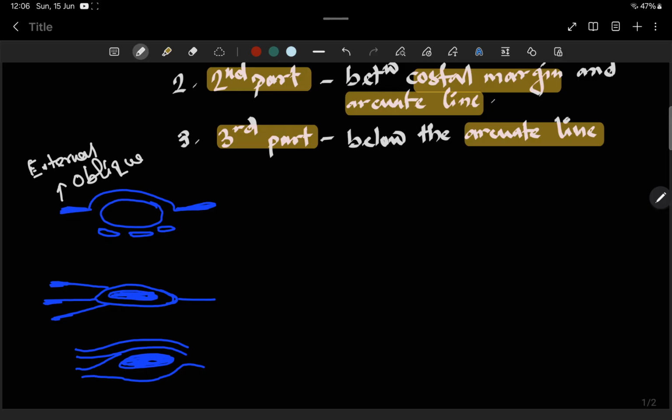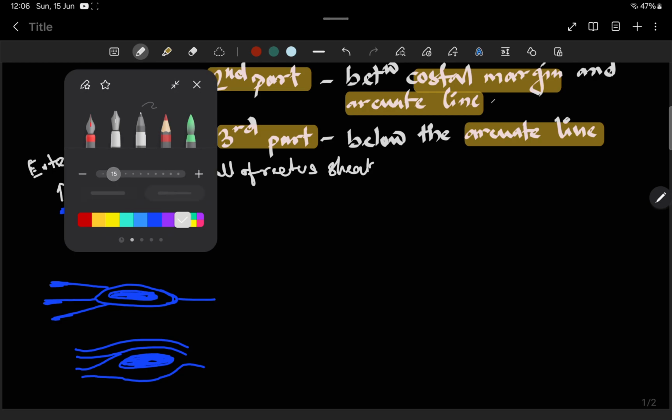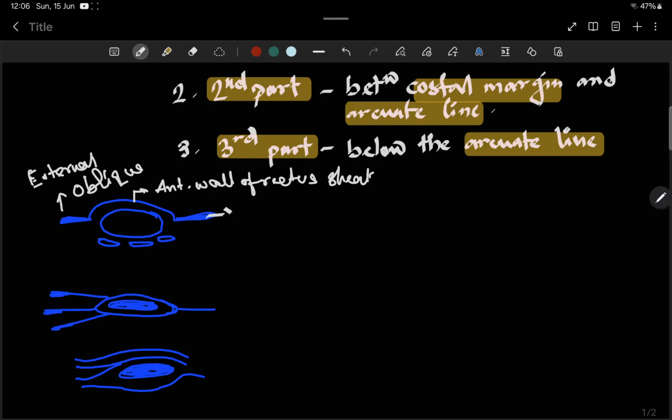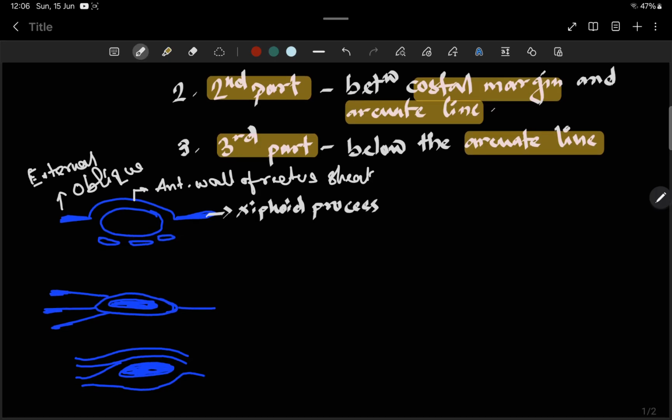This is the anterior wall of rectus sheath. These are the costal cartilages.